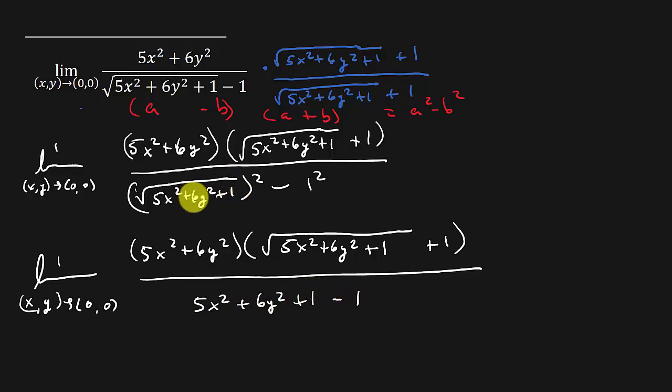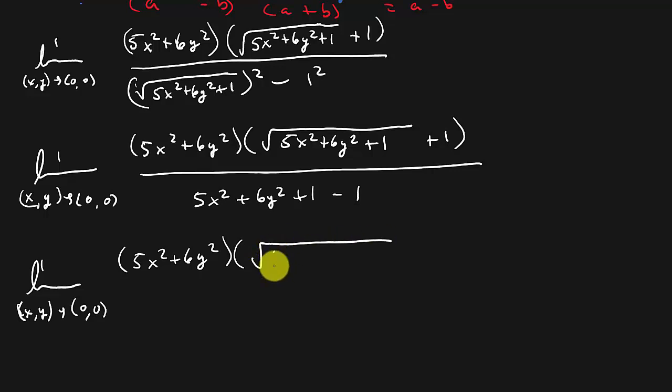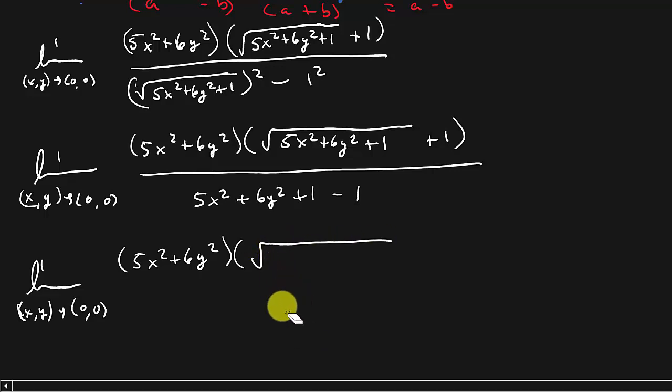So when we square the square root, it just goes away, and then 1 squared is 1. I know I could leave some of these steps out, but I'm writing them all down.